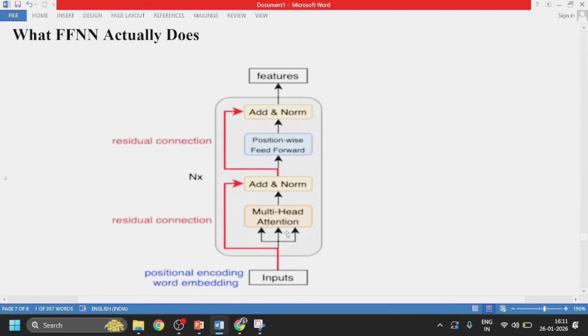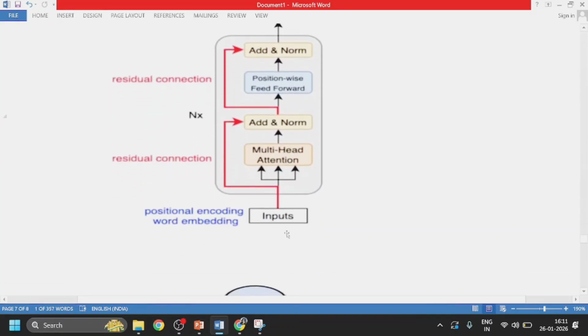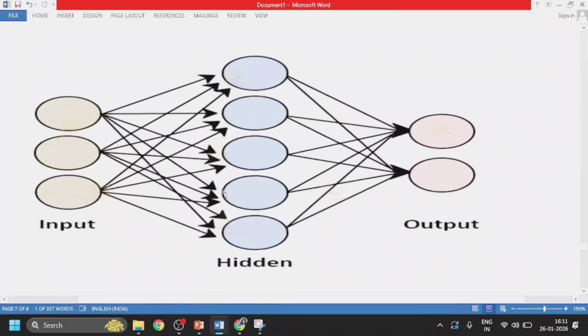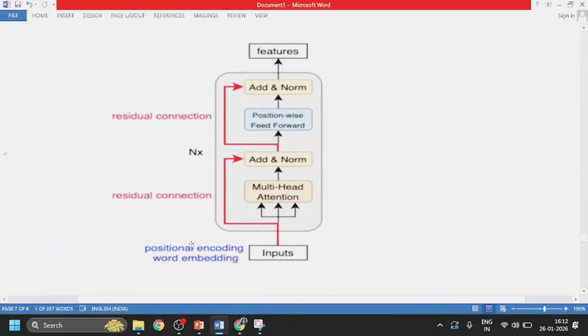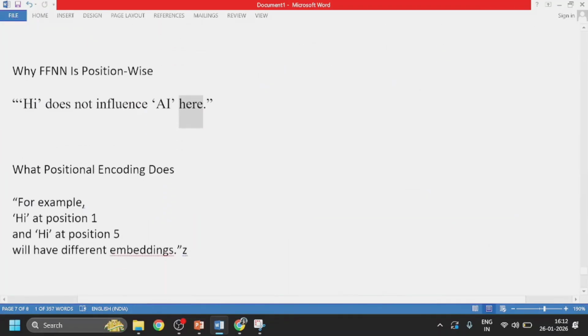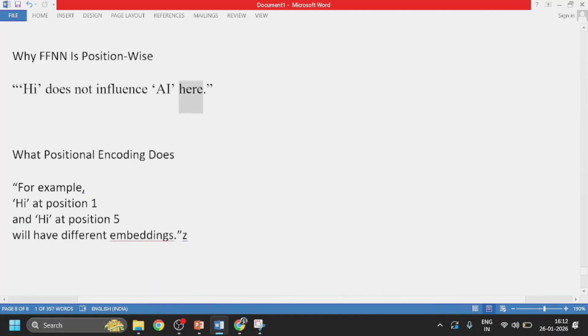After this comes positional encoding. The transformer reads all the words at the same time, so it has no natural sense of order. Without positional encoding, word order would be lost. You can see here what positional encoding does.